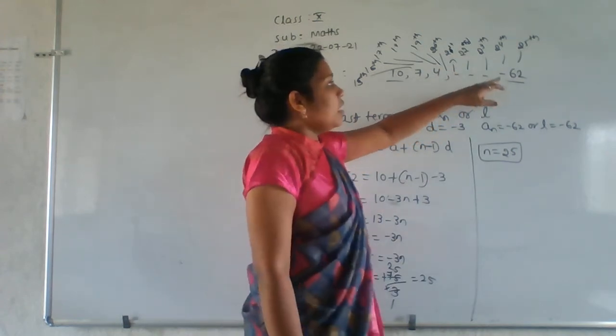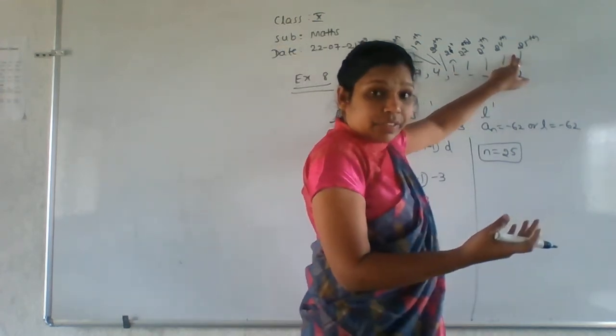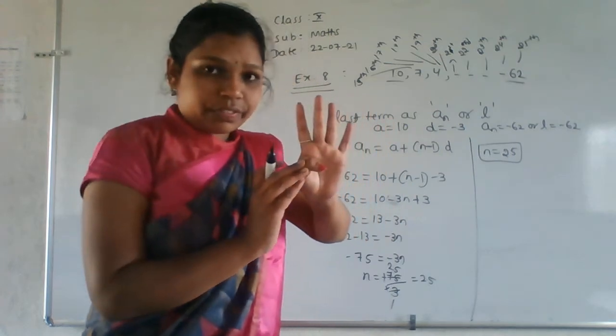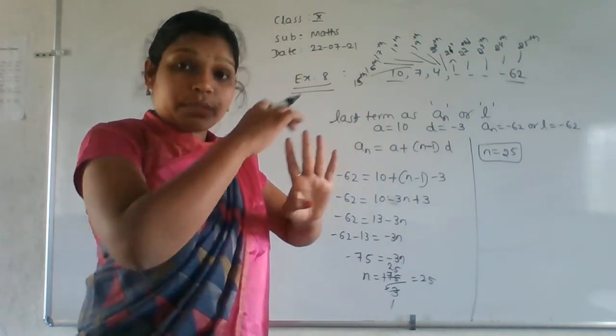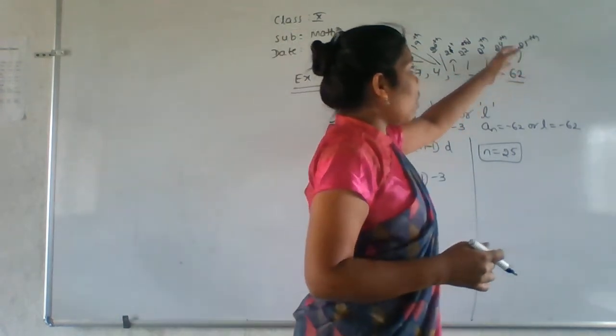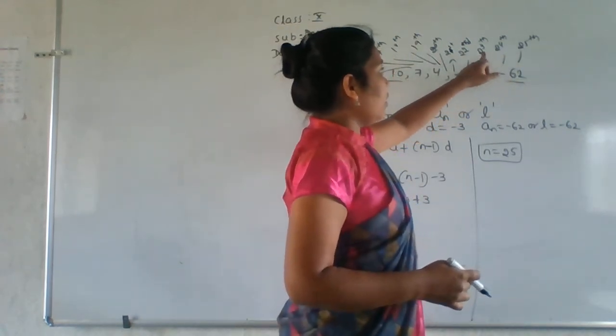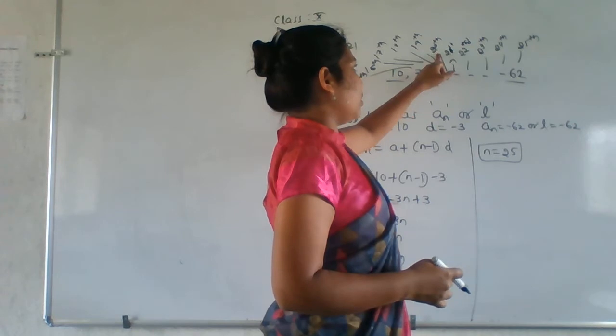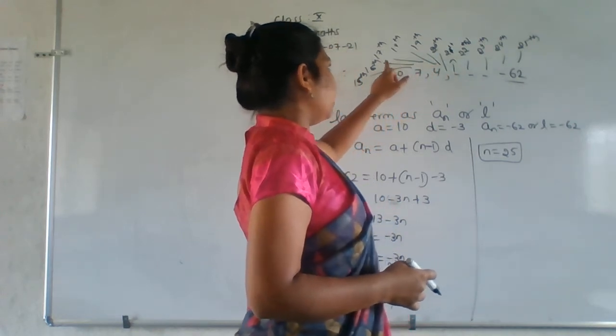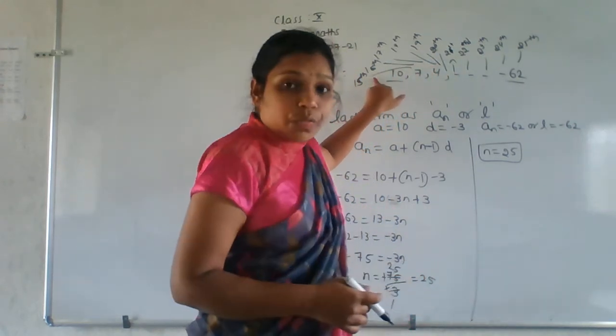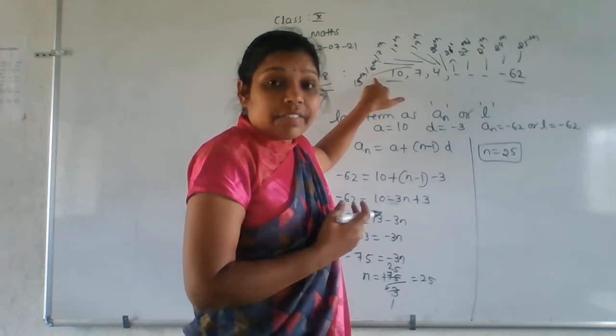Getting? So here the last term is the 25th, right? We have to count from this one. From the 25th we have to count the 11th term. Here this is the first, second, third, fourth, fifth, sixth, seventh, eighth, ninth, 10th, 11th. So which term is the 11th term here?